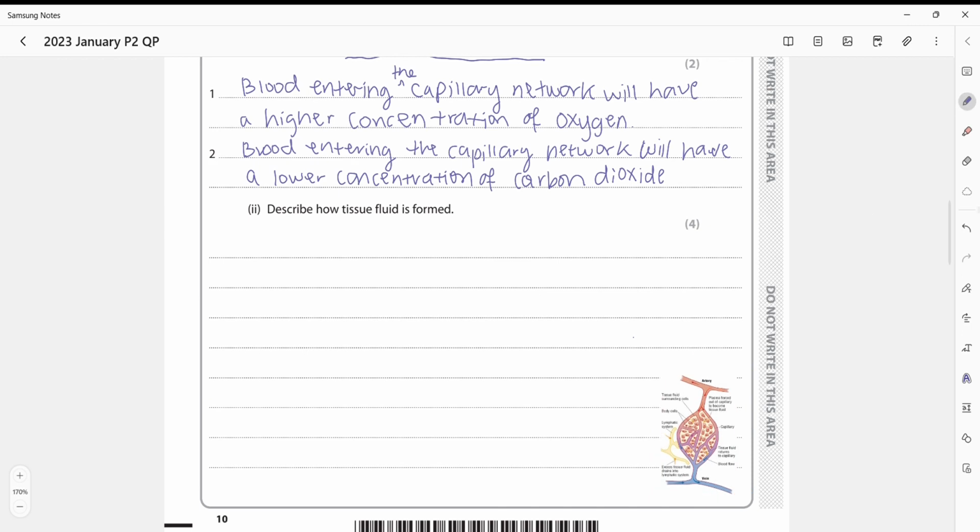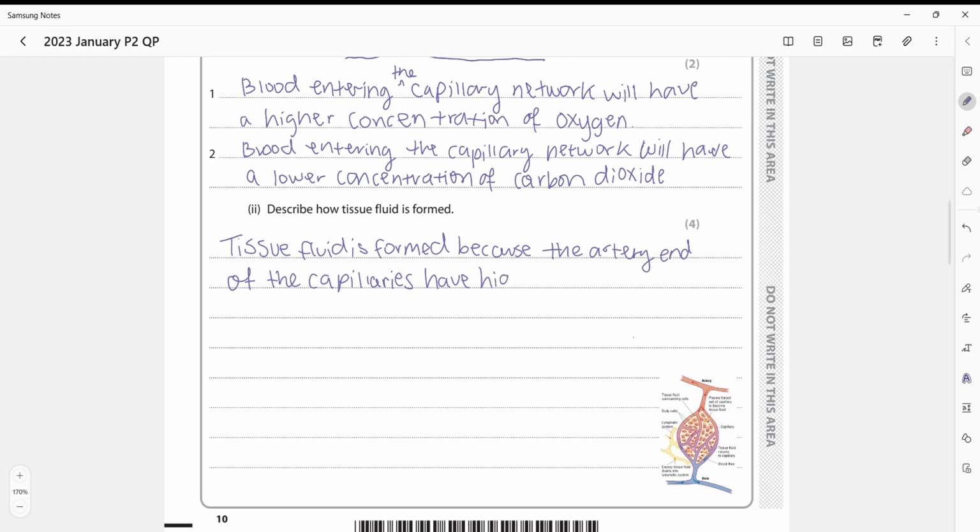So let's write this down. Tissue fluid is formed because the artery end of the capillaries have higher blood pressure.